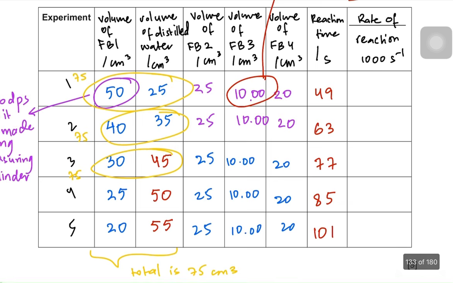Whenever you find the rate of reaction, make sure that your time was in two significant figures. Rate of reaction can be found by dividing 1000 by your time. It would be much appreciated if there are 2 to 3 significant figures. 1 is never acceptable, 5 is a little too much.